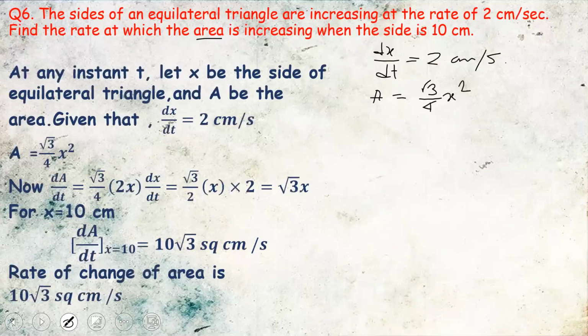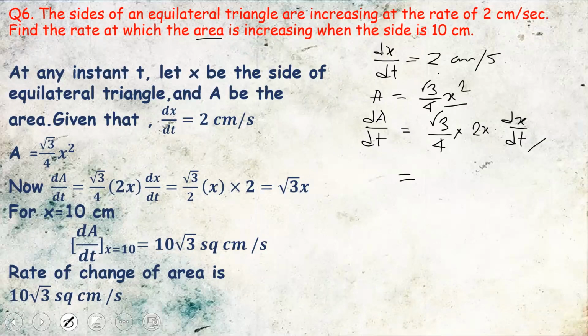So now differentiate this with respect to t, that is dA/dt is equal to root 3 by 4 into 2x into dx/dt as per the chain rule. First of all, find the derivative with respect to x, then with respect to t.